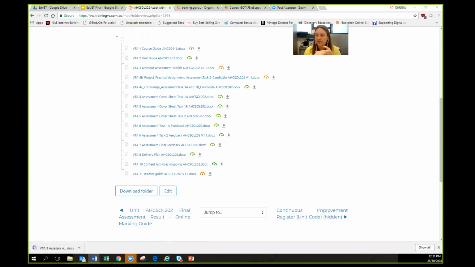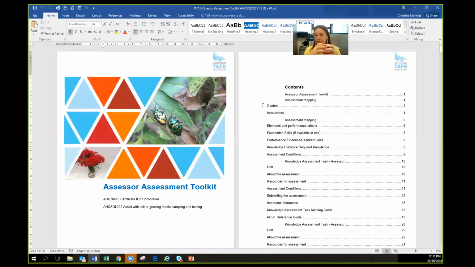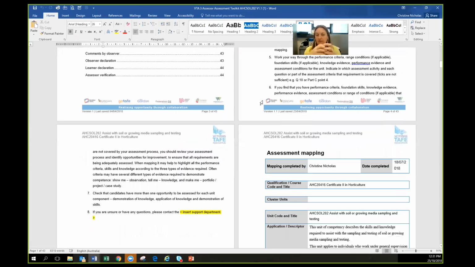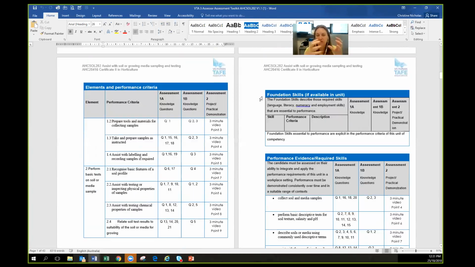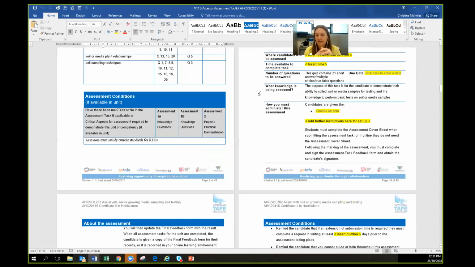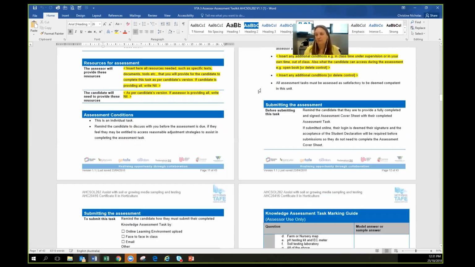We map all our content and activities, not just assessment. So that's all sitting there in the shell for them to look at. So when the subject matter expert or the teacher does the pre-validation, they get to see both things.